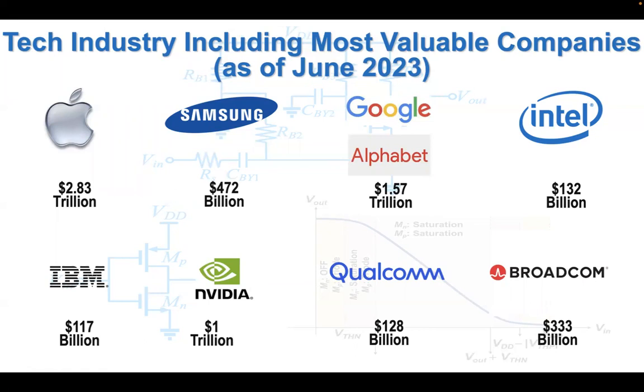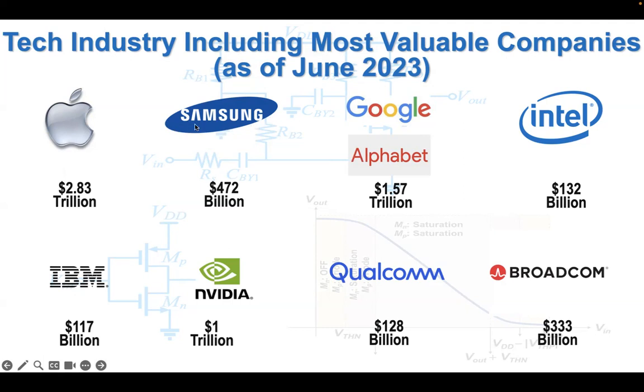Apple, of course, is the most valued high-tech company in the world with a market cap of $2.83 trillion. I would like to reiterate that these numbers are reported based on the June 2023 report of these market caps.